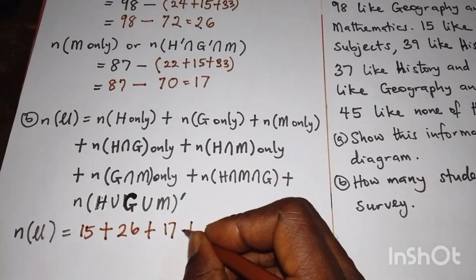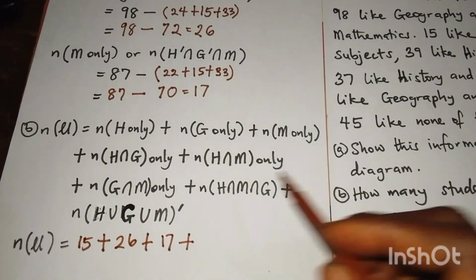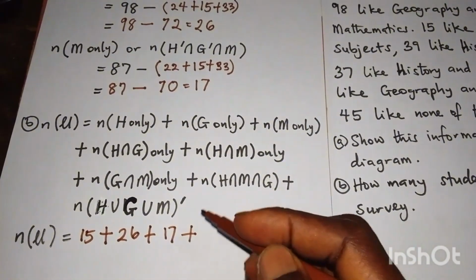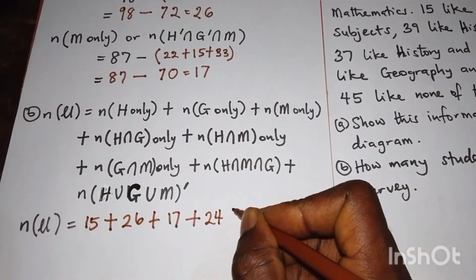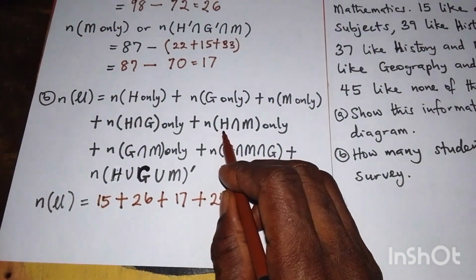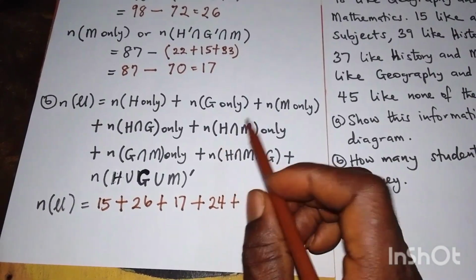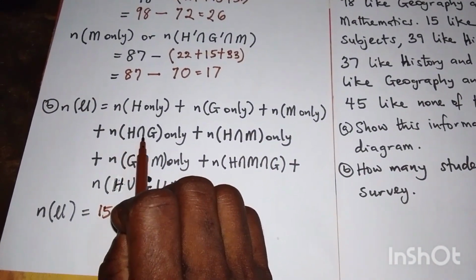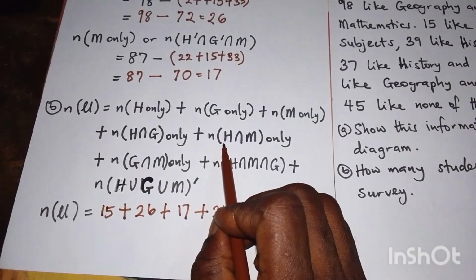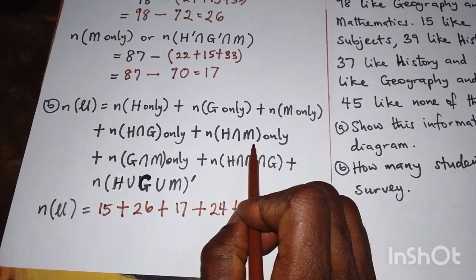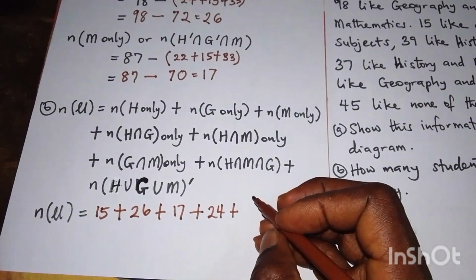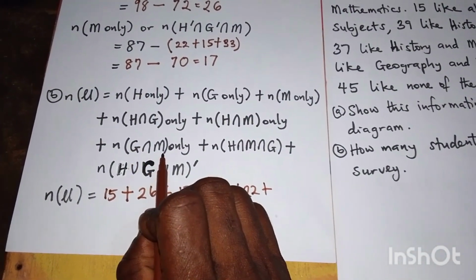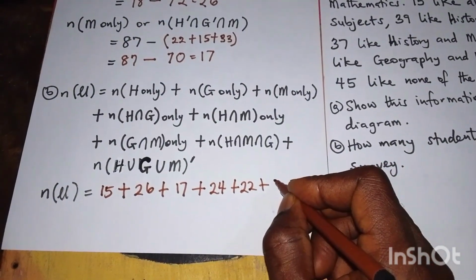Then plus those that like history and geography only, we having 24. Then history and mathematics only, we having 22. Those that like geography and mathematics only, we having 33.